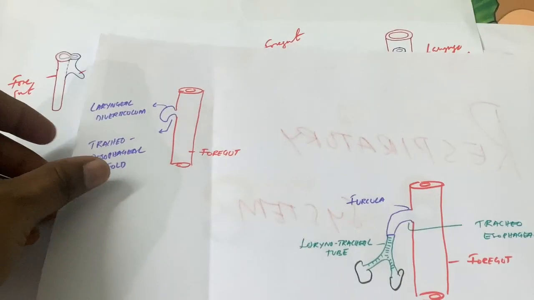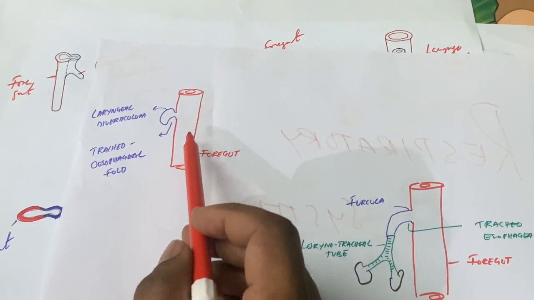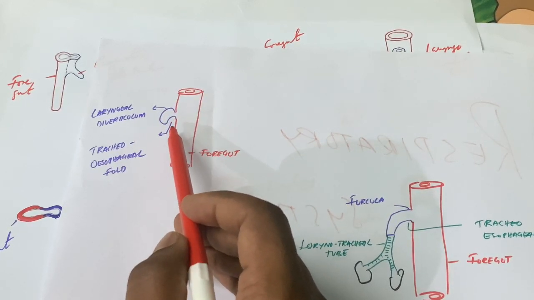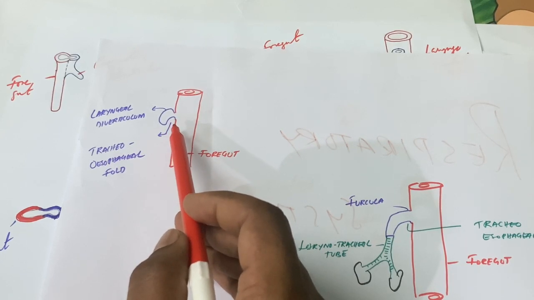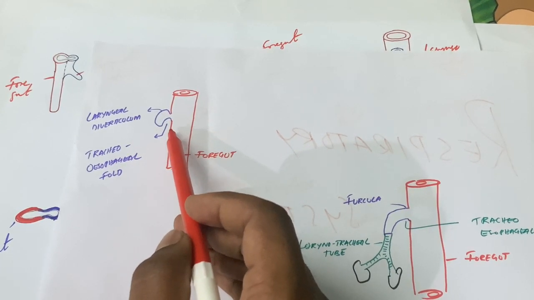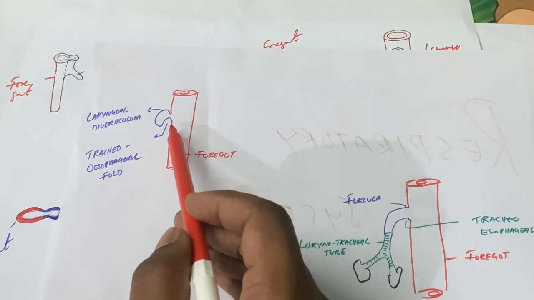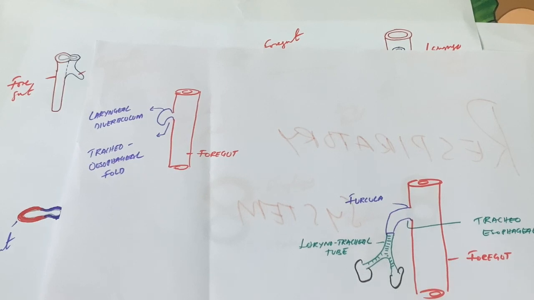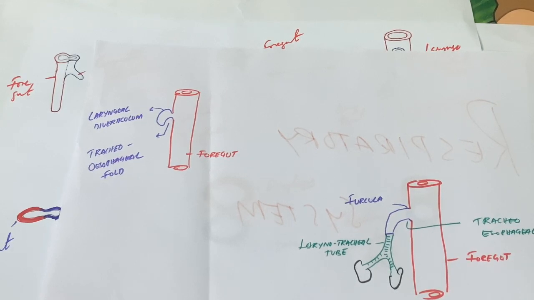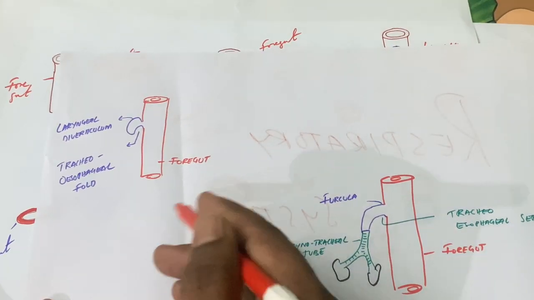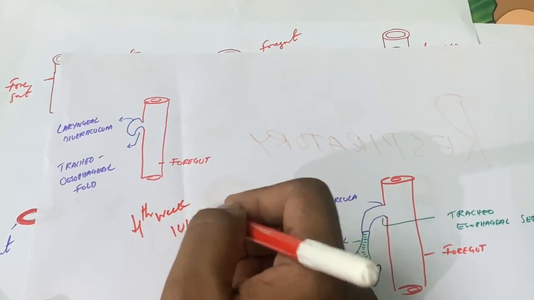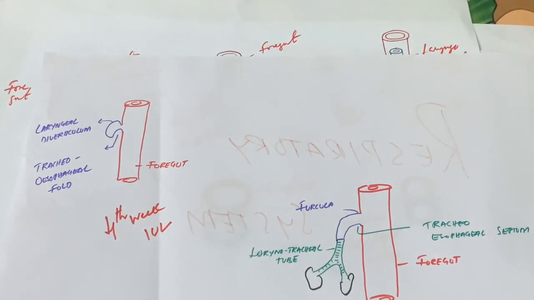Here you can see this is the foregut and this is the respiratory diverticulum, and there is a groove between them. This groove is called the laryngotracheal groove, and it appears in the 4th week of intrauterine life.